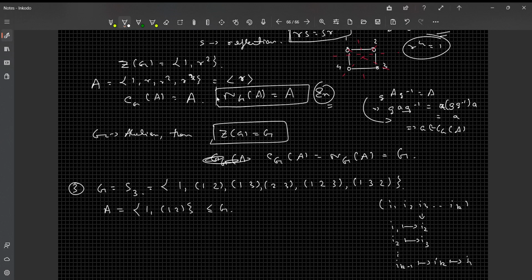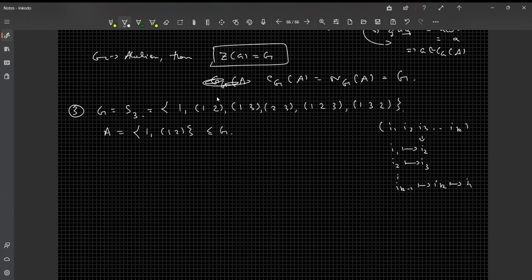Now obviously, notice that every element commutes with its powers, right? Every element commutes with its powers. So A is obviously a subgroup of the centralizer of A. Clear?